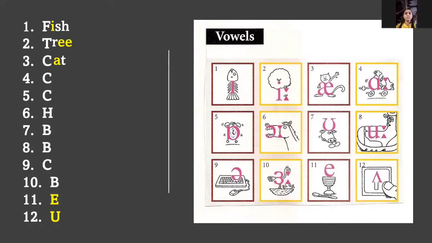It's short. Okay. What's number 4? Car. Very good. The sound is ah. Number 5 is clock.